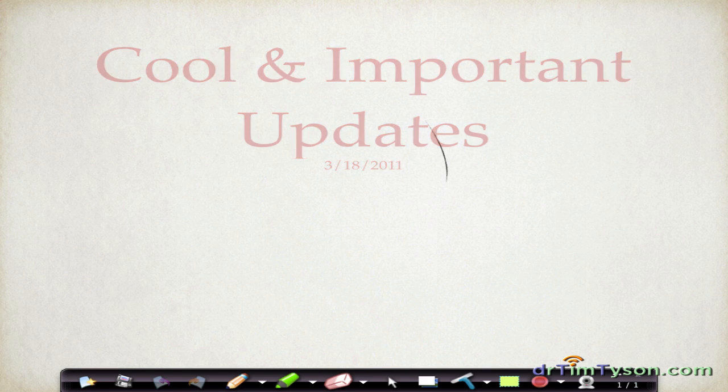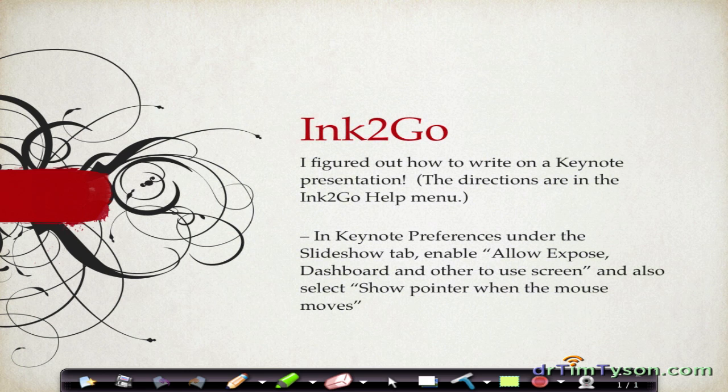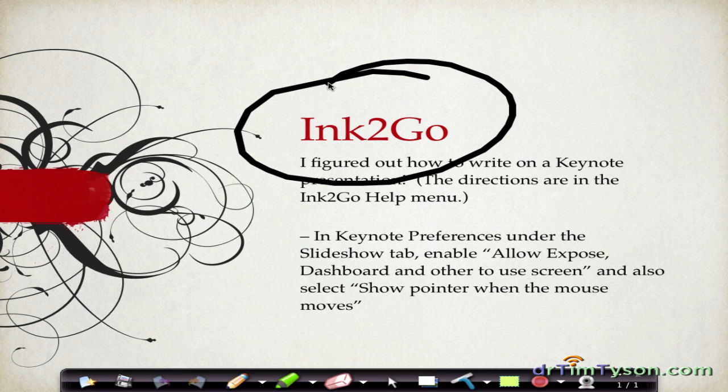The first thing that I want to mention as we begin is that you'll notice that my toolbar for Ink to Go, which I shared with you in our last screencasts, is on top of my slides, and I can actually now write on the slides.